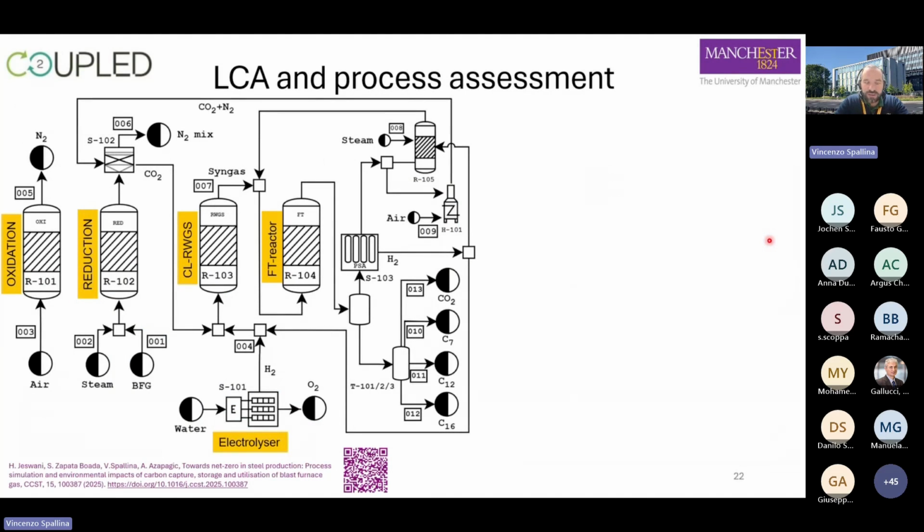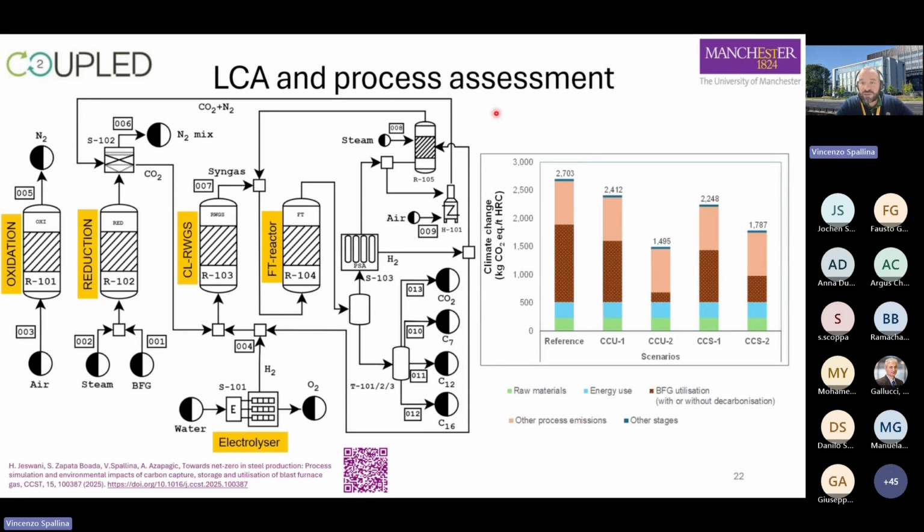We also did some study in terms of life cycle and process assessment. In this case, together with the chemical looping, we combined an electrolyzer system and a Fischer-Tropsch reactor. We could recover C7, C12, C16 from the system, while any light gases were used to add further syngas to the system.